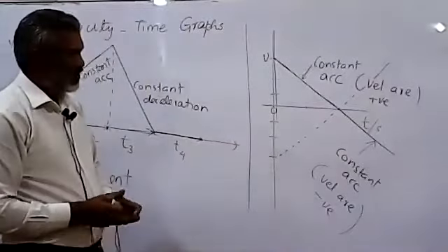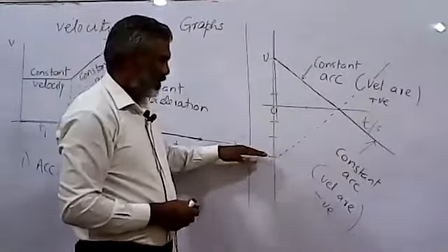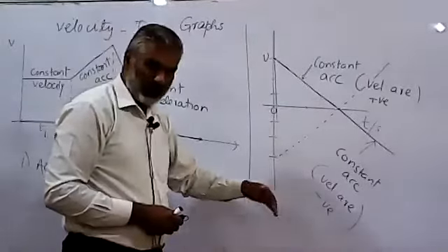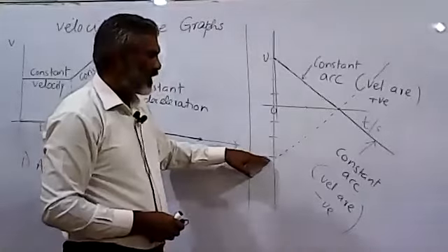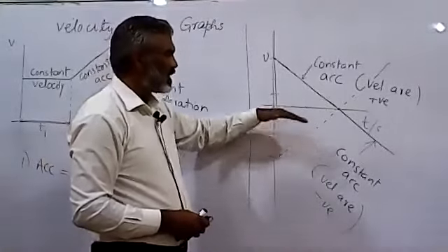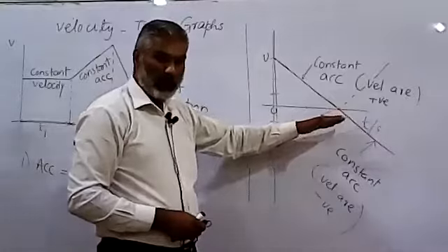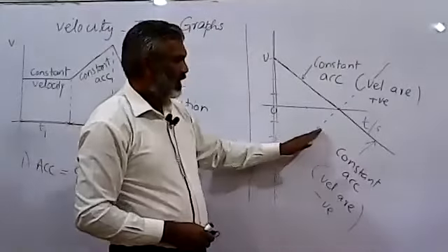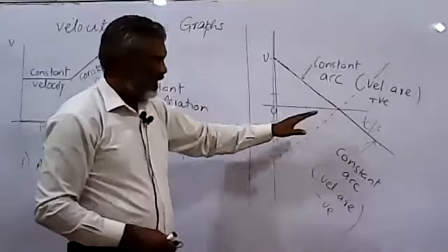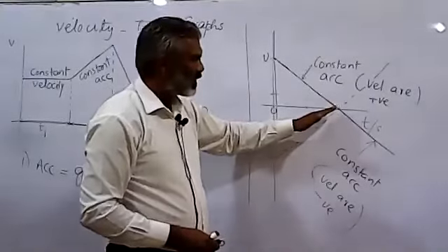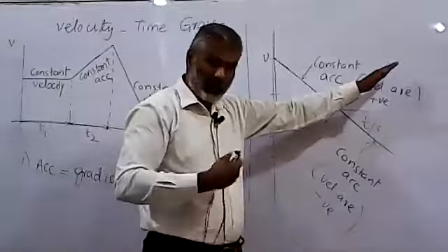The object is initially having negative values that indicate one direction. The object is initially at 15 meter per second, then its velocity decreases, then it becomes 0. So this could be a deceleration, ultimately going to 0 velocity, and then the object moving with the same acceleration but in the opposite direction.